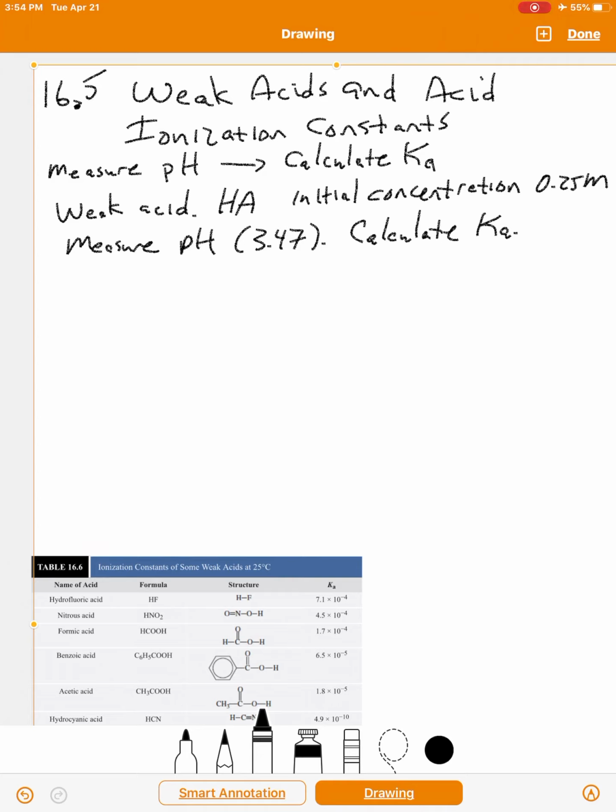So here's how you go about it. It's an ice table again. You say HA is going to react with water. It's a weak acid, so it's reversible. Hydronium and A- is the conjugate base. We know the initial concentration of the acid, 0.25. Again, we don't worry about water because it's a liquid. These are initially 0.